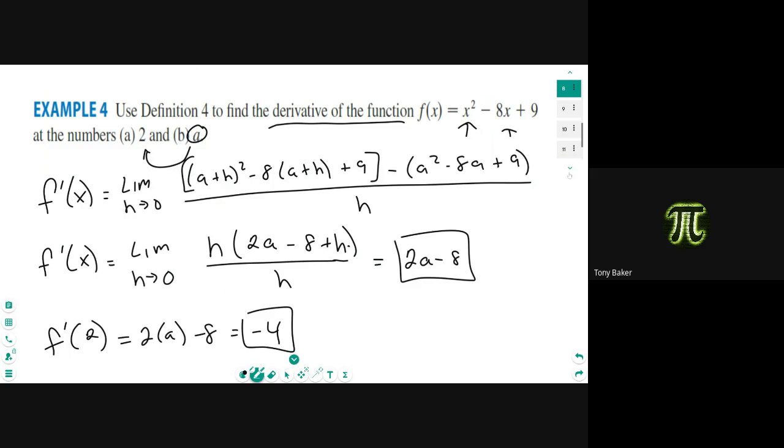So it should just be f prime with a. Again, we're never going to use a's after this week.